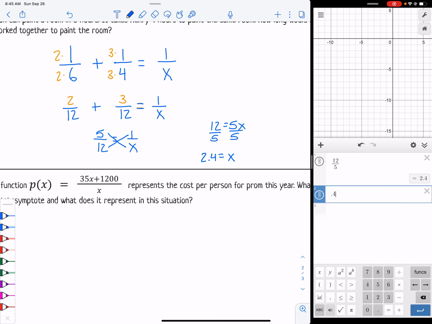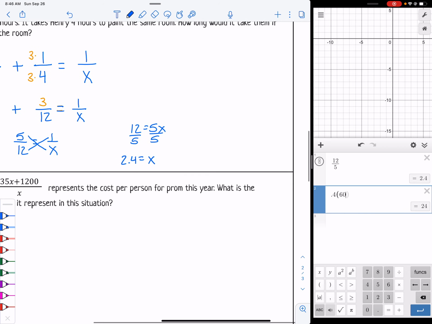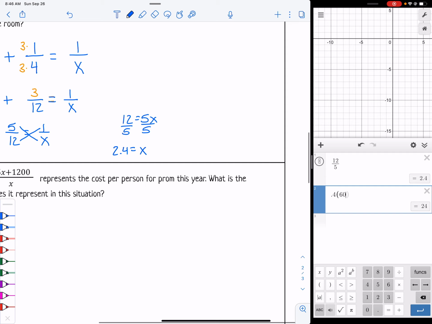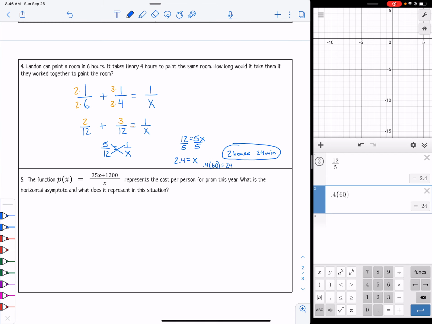All you have to do is take 0.4 and multiply by 60 to figure out the number of minutes. So 2.4 means 2 hours and 24 minutes, because we just took 0.4 and multiplied by 60 to get the number of minutes. And that is a good answer to know how long it would take Landon and Henry to paint the room working together.